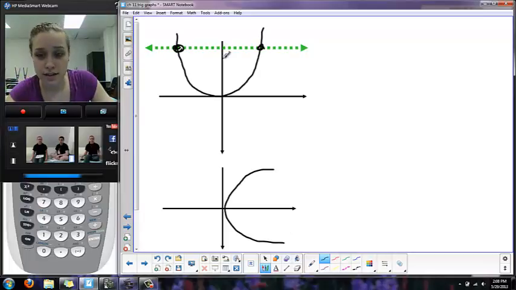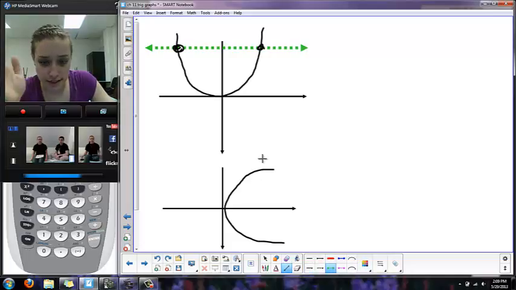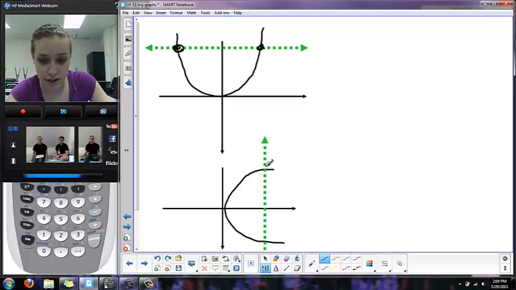Because this parabola failed the horizontal line test up here, that means that down here its inverse is not a function, because functions have to pass the vertical line test going straight up and down. And because it failed it up here, it fails down here, and this is not actually a function. Okay, functions have to pass the vertical line test.